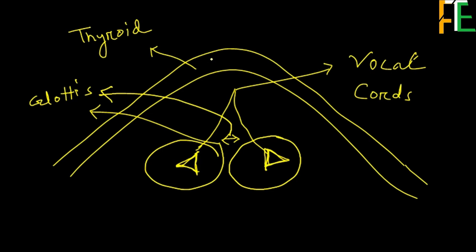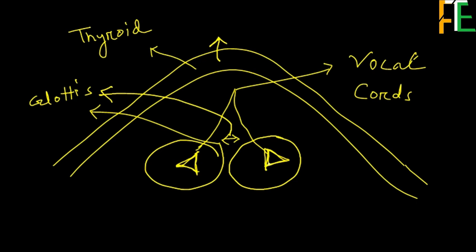Above this system there is the layer of the thyroid gland, that releases thyroxine hormone. So vocal cords have a great function in the production of speech sounds.